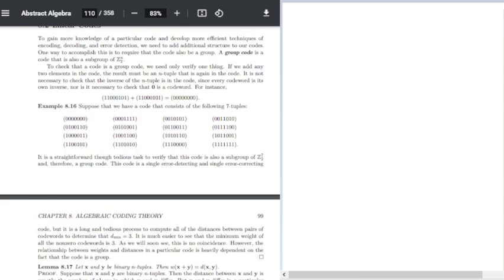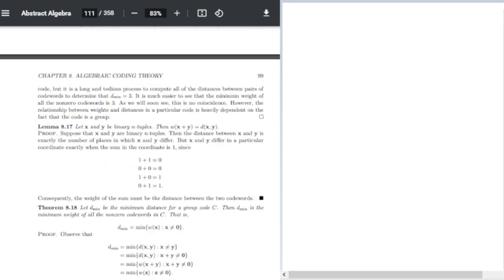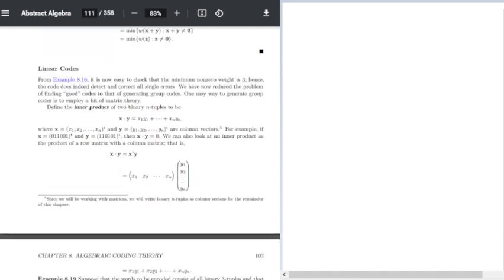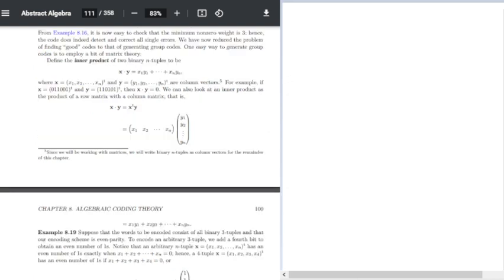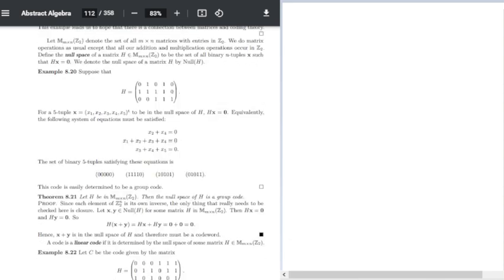The inner product of two binary n-tuples. Define the null space.